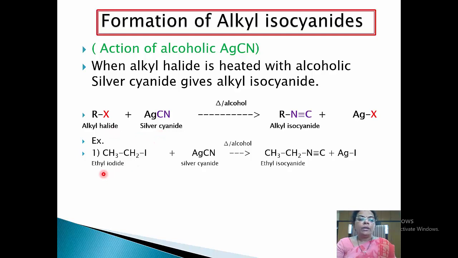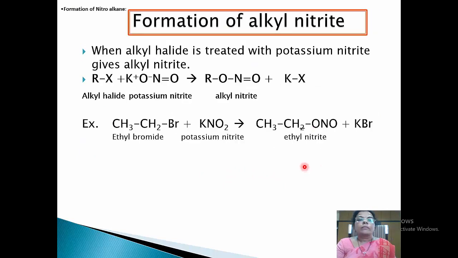For example, when ethyl iodide, that is CH3CH2I, is heated with silver cyanide, that is AgCN, in alcoholic medium, it gives ethyl isocyanide, that is CH3CH2NC, plus AgI. Now next, formation of alkyl nitrites.